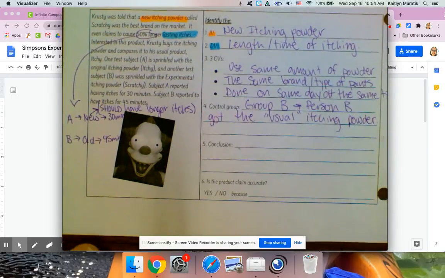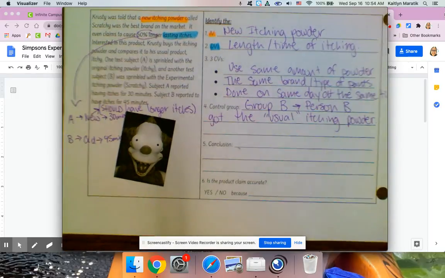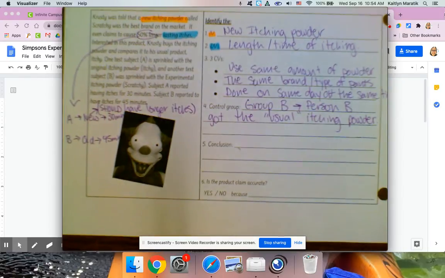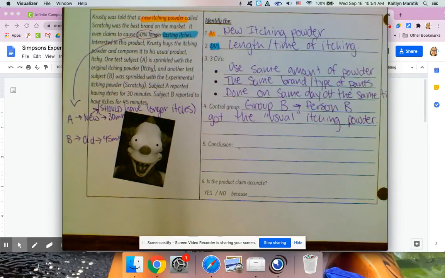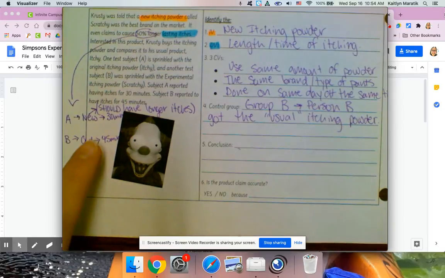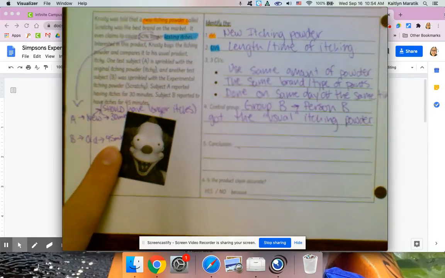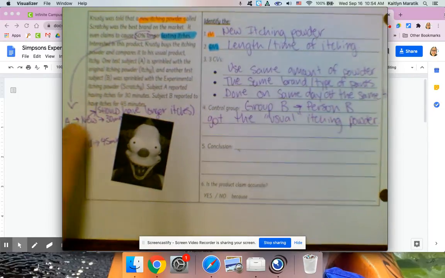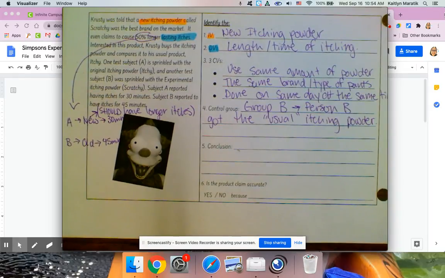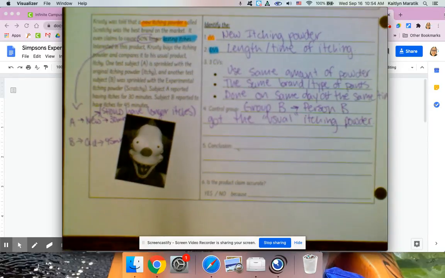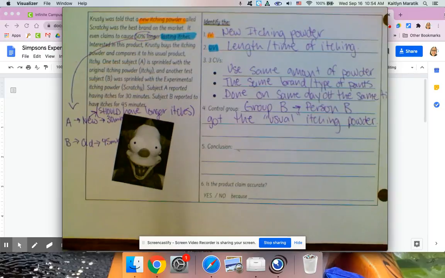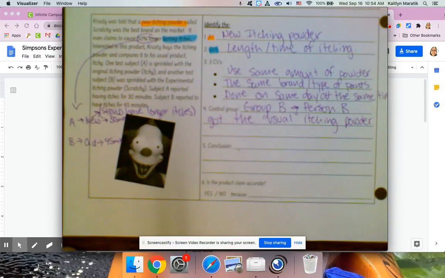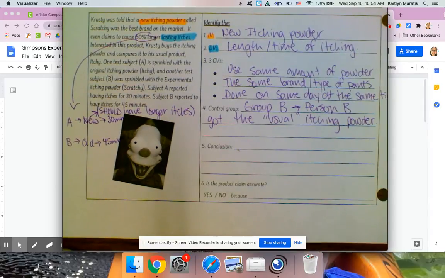So then our conclusion. Well, did the new itching powder last 50% longer? Well, if group B had itches for 45 minutes and group A had it for only 30 minutes, group A had less, like the itches lasted less time. So, is this good? No, they did not last longer.